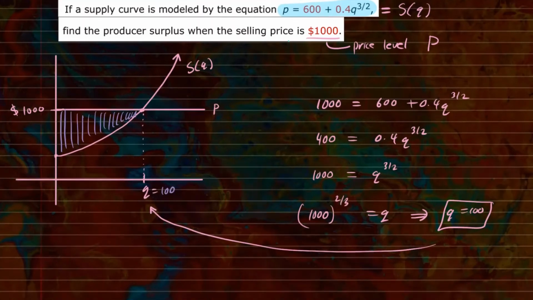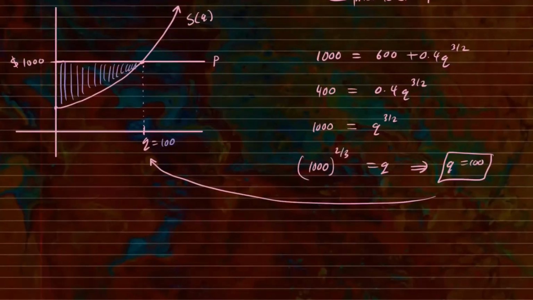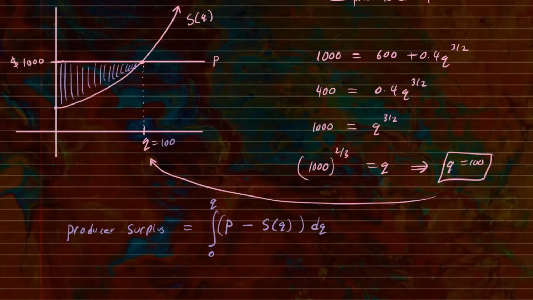Now we're ready to integrate and find the producer surplus. We know that the producer surplus is the definite integral from 0 to Q of the price line minus the supply curve, dQ. Think of it as doing top minus bottom. If you create a vertical rectangle right here, your top curve is the price line and this is your bottom. Top minus bottom, we get all of these vertical rectangles.